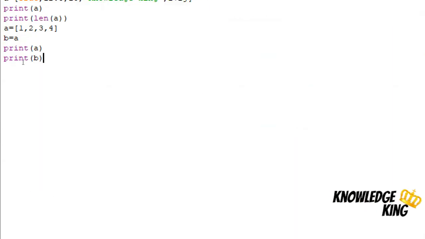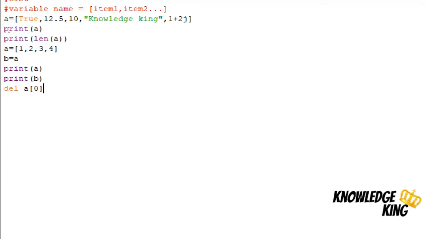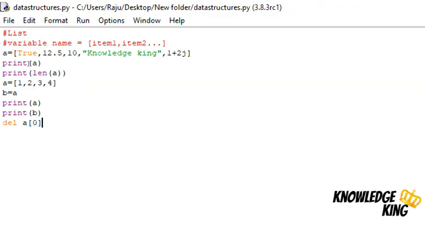Now I'll delete a value in a. For suppose del is a keyword, del space list of index value, position is nothing but a, in the sense of 0 is 1. I'll save this, and I'll print a, I'll print b.